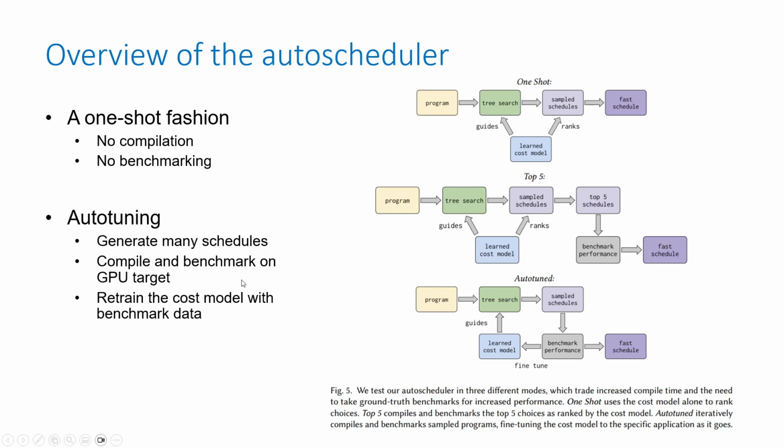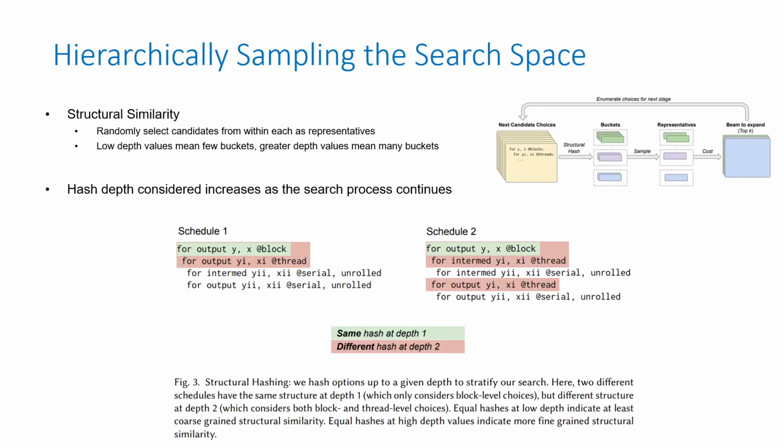Okay, now we're going to go to the hierarchical sampling. Two of the three strategies, hierarchical sampling and schedule freezing, go hand in hand in this part of the autoscheduler. The strategy is basically to just pay attention to the most impactful parts of the schedule.